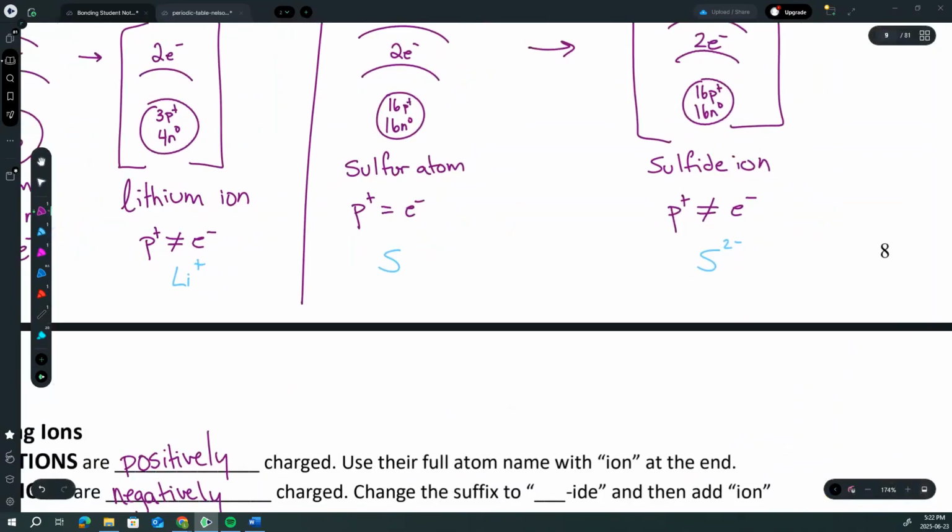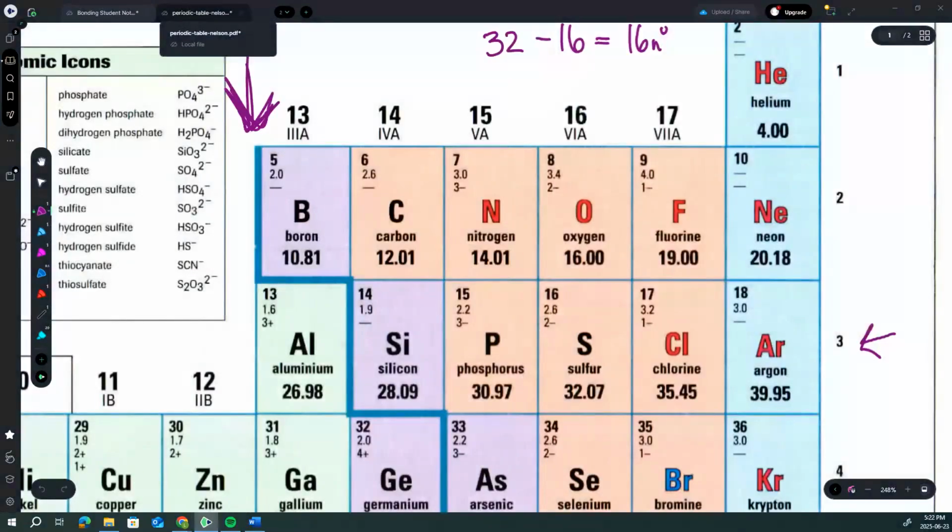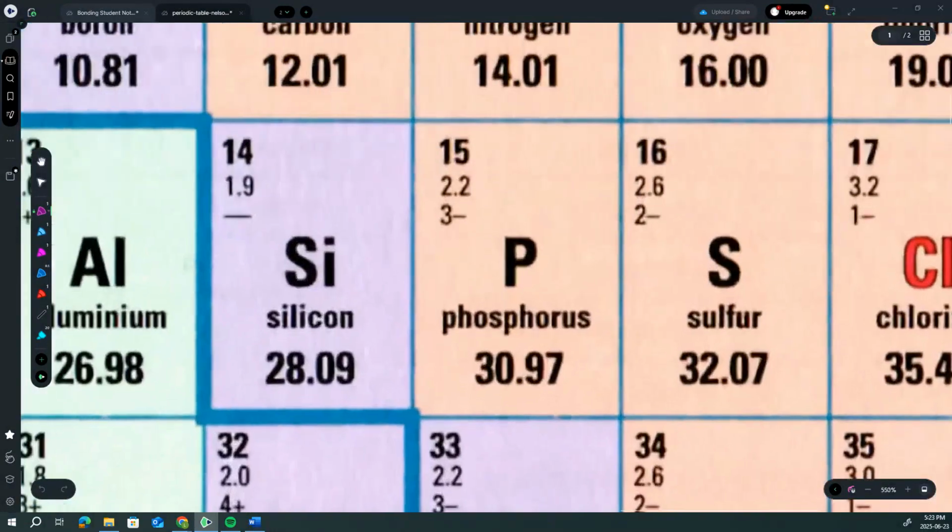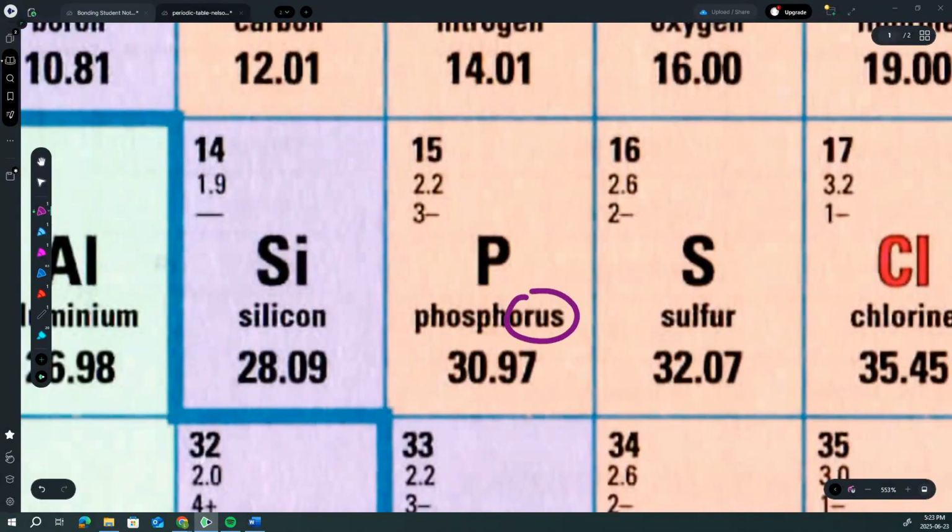So sulfur changed to sulfide and then you added on ion. For some more examples here, for phosphorus, we would change this ending to IDE, so if we were trying to name an ion of phosphorus, we would call it a phosphide ion.